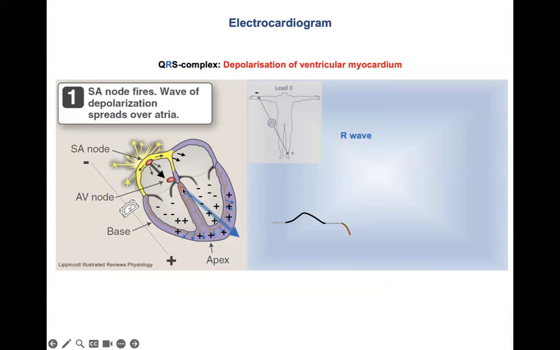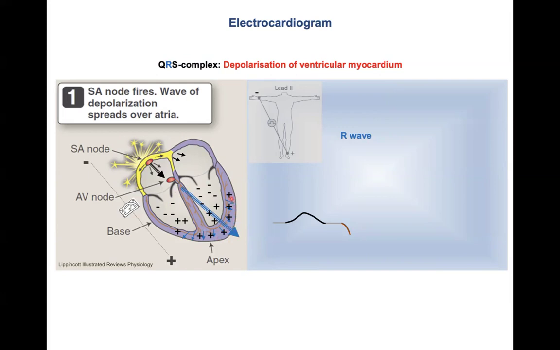Now we have this vector here, this depolarization wave. This vector is the strongest by far. Why? It represents the largest parts of the ventricles that are being almost instantaneously depolarized. So we see here the depolarization wave spreading from here all the way down.